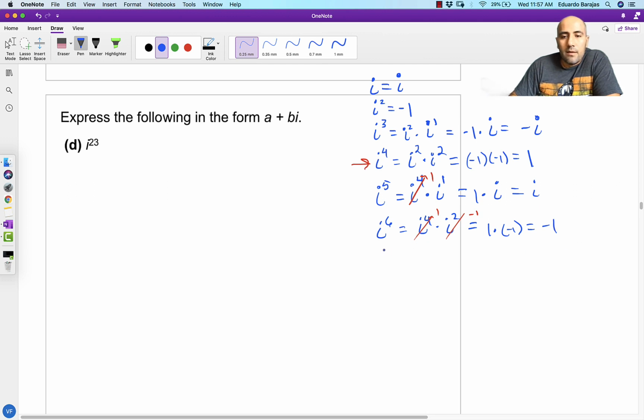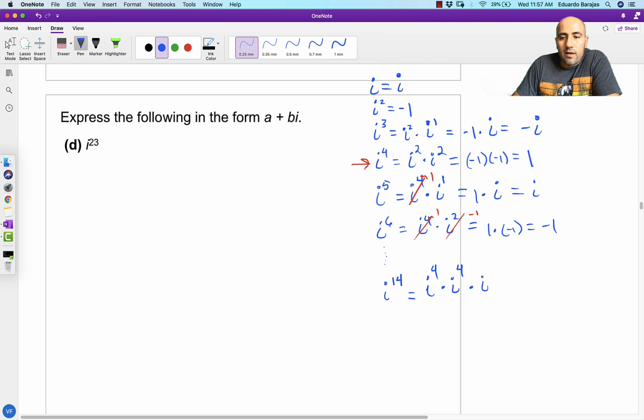Okay. Let's keep going a little bit. How about if I had i to the 14th power, like that. Okay, what we want to do is think about how many times we can separate this into powers of 4. So this is going to be i to the 4th power times i to the 4th power. I've taken care of 8 of them already.